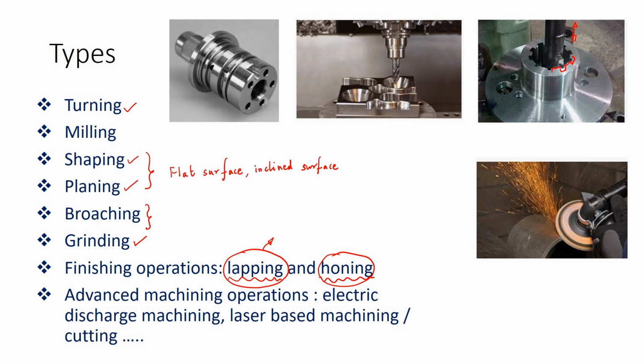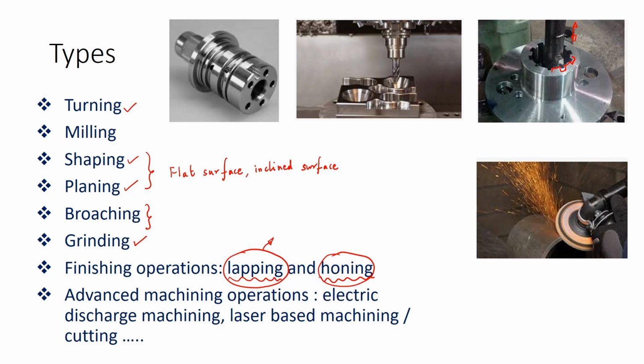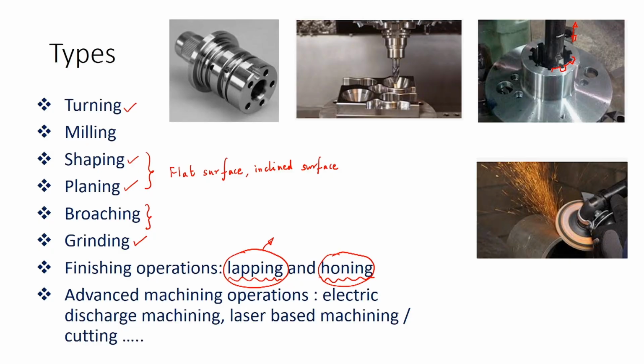When we are using an unconventional type of energy in the material removal process, these processes are called advanced machining processes. Many times it is very difficult for us to process high strength material, say tool steel. For that purpose the contact type mechanical processes may not be sufficient to generate the required surface finish and shape.